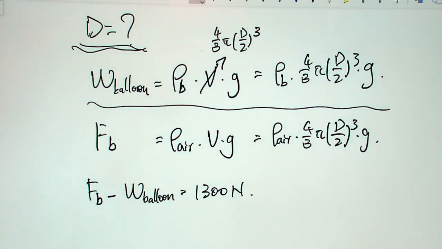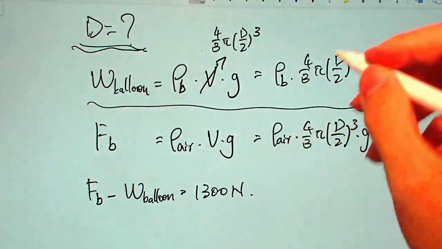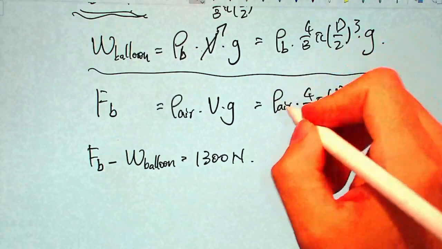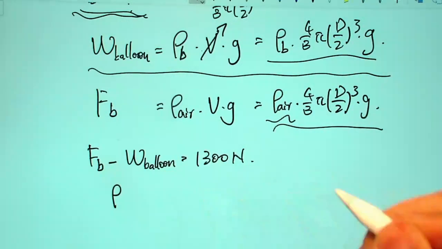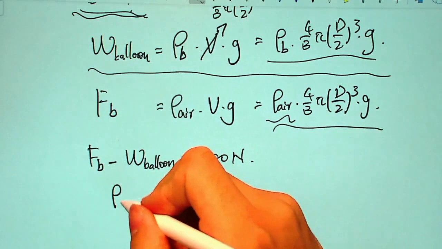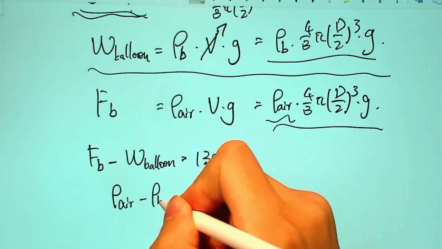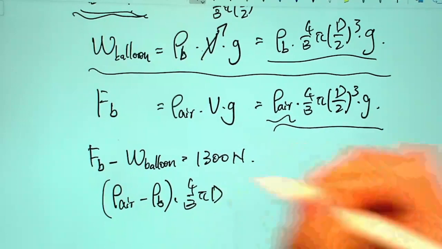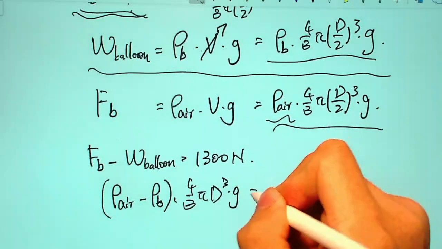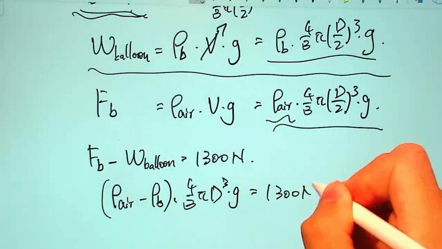Right, so then if we deduce this by, we deduce this too, so this gives us the density difference, which is air minus balloon, times 4 pi d cubed g equals 1,300 Newton.